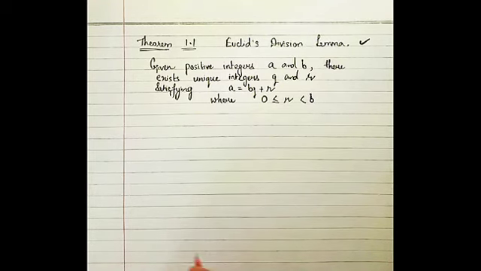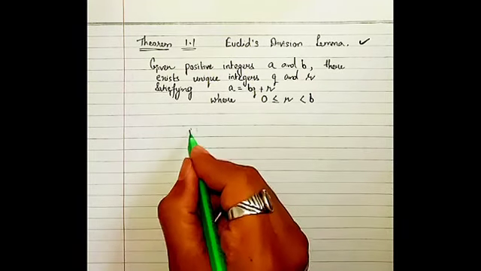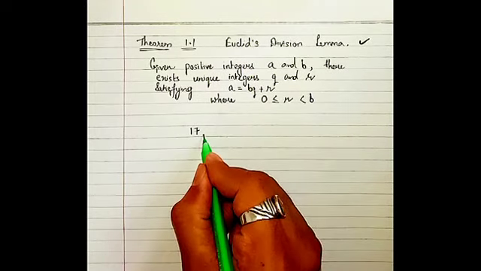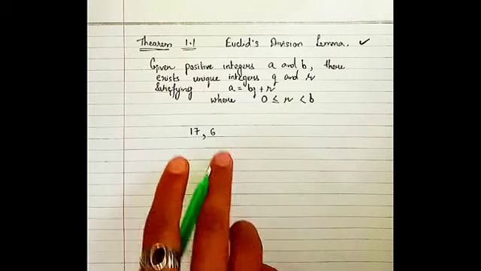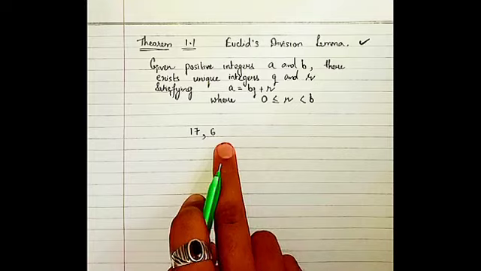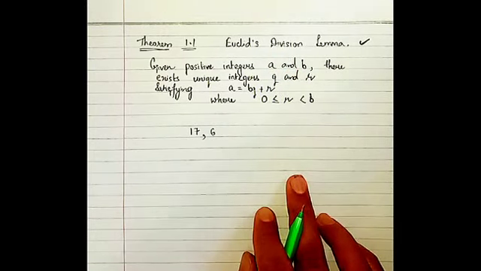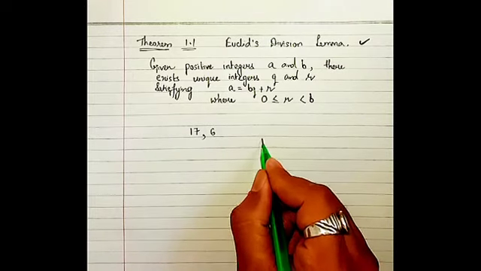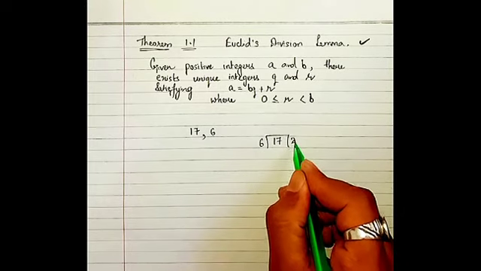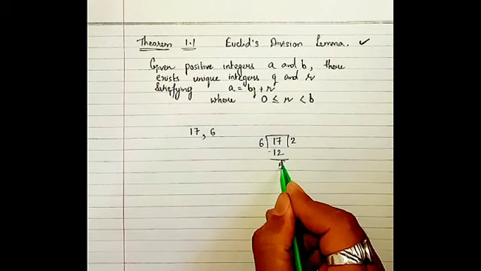Suppose I take the number 17 and let us divide this number by 6. These are my two positive integers a and b, right? Both are positive integers and I am relating them with a and b. Then if I divide 17 by 6, 6 twos are 12 and I get remainder 5.